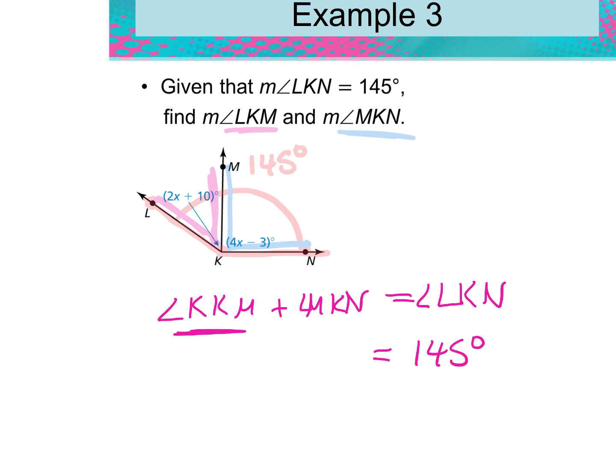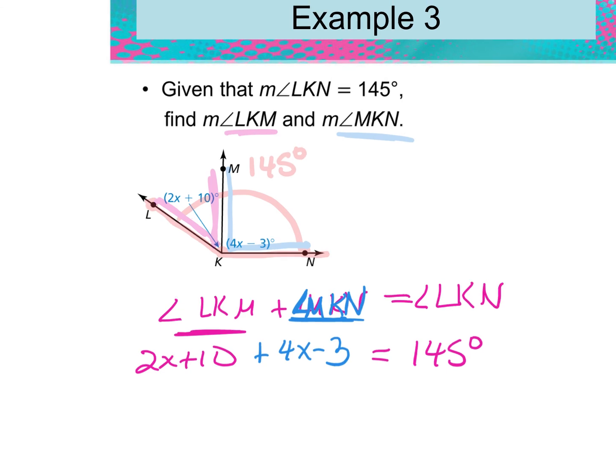This should be an L, sorry. This is LKM. This first one is going to be 2x plus 10. And then this one is the blue one, MKN, and this is equal to 4x minus 3. And now I have an algebraic equation to solve.